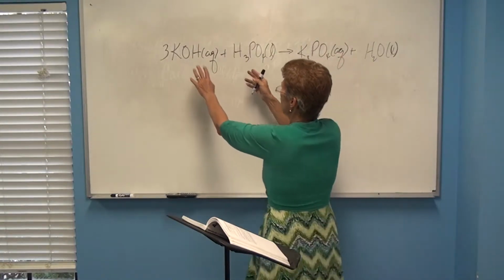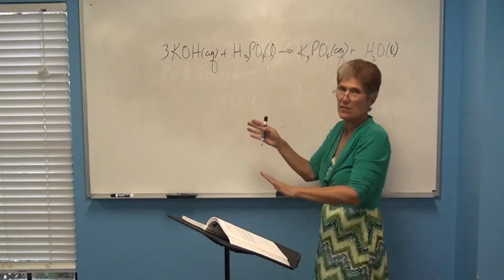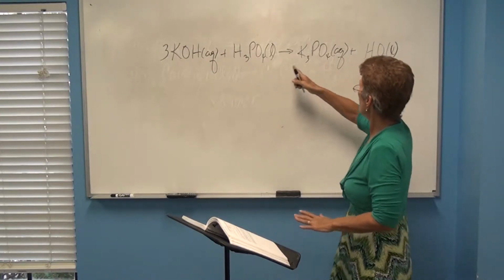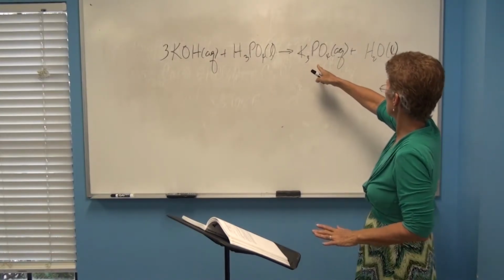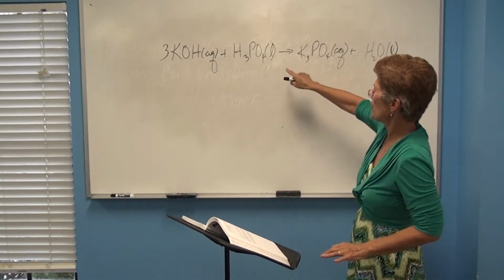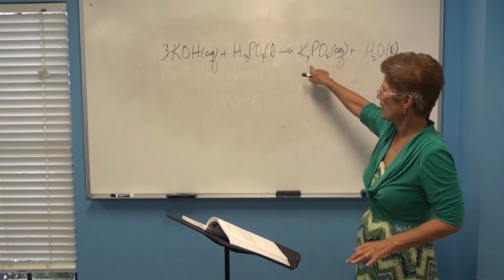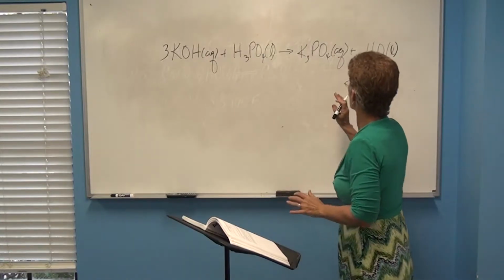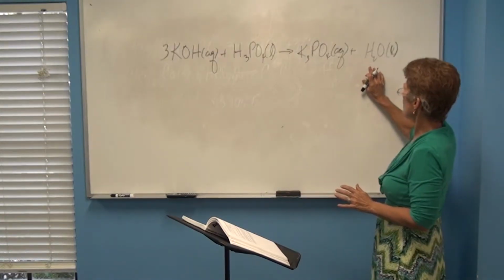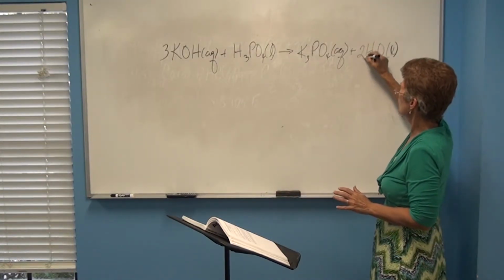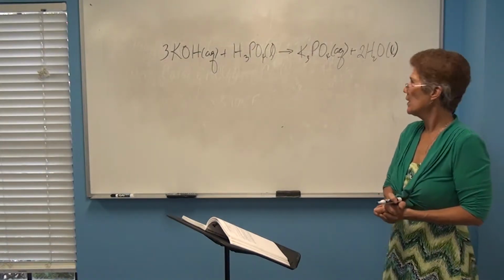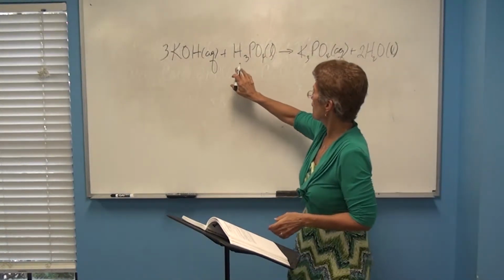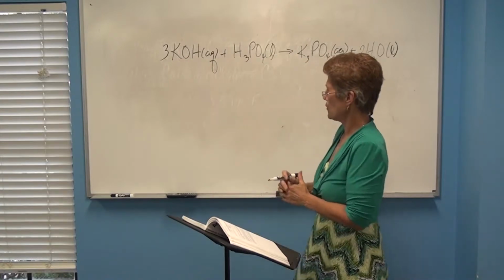We're going to leave the oxygen and the hydrogen till last because it's split. We have 1 phosphorus on each side. So we've got 3 potassiums on both sides, 1 phosphorus on both sides. Let's deal with the hydrogen next. We have 4 hydrogens, and here we have 2 hydrogens. So let's do that. Now we have 4 hydrogens and 4 hydrogens.